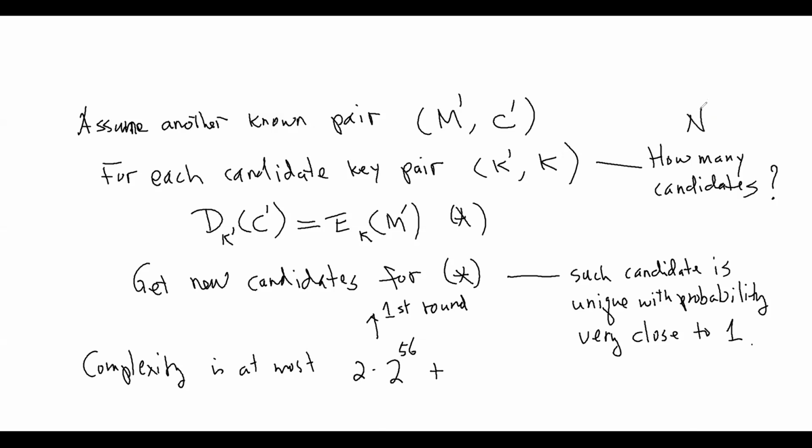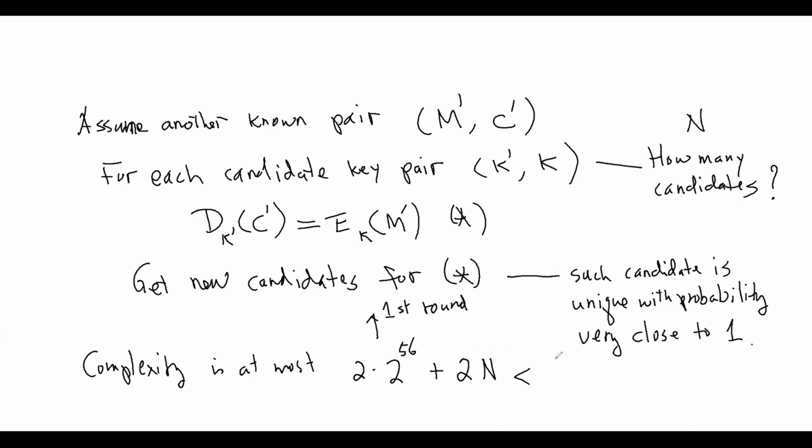Okay, so this time you do N for each pair. You want to do this many encryption, and you want to do this many decryption. So that's 2 times N. Let's say in the worst case, N will just be 2 to the 56.